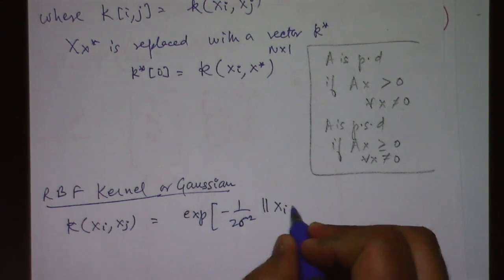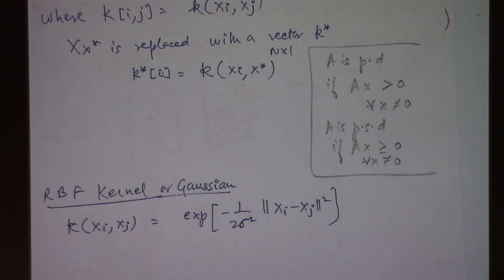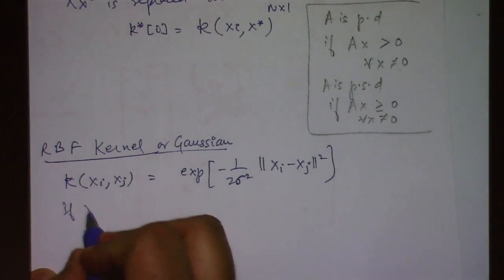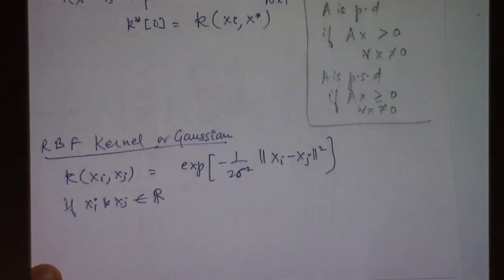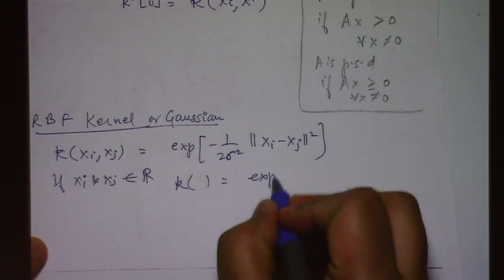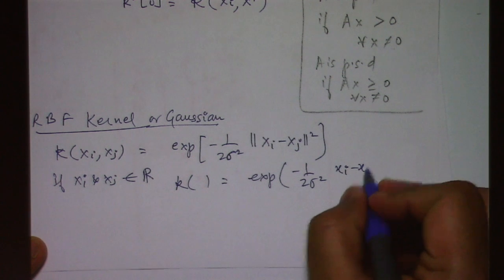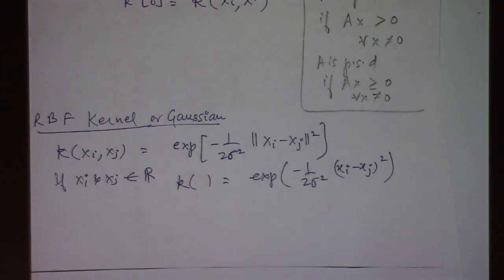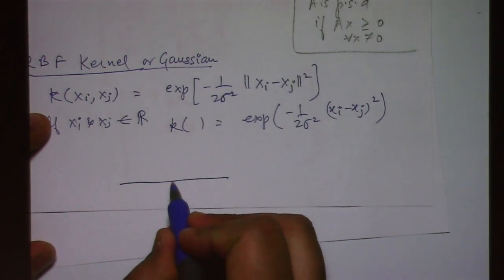And you just compute the square of the L2 norm of the two data points. So if xi and xj are in one dimension, just single values, then k is just exp minus 1 over 2 sigma square times xi minus xj square. Geometrically, let's say this is your xi.